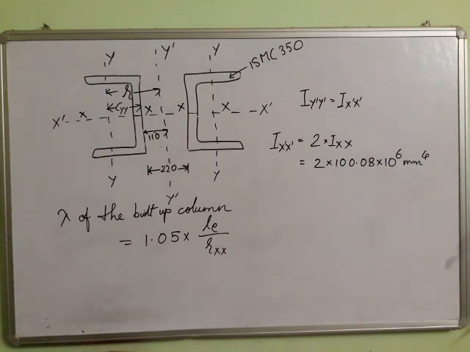This is the standard formula for the slenderness ratio of the built-up column as a whole. Now, in some books you will find RZZ here. It doesn't make any difference, it's the same thing. So let us write it down. L effective will be what? K into L.